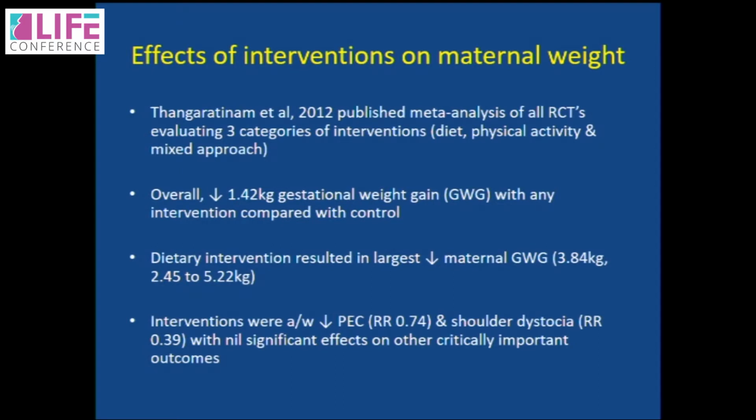I've summarized the main findings here: overall, a reduction of 1.42 kilograms in gestational weight gain occurred in the intervention group as compared to control. It seems that the dietary interventions were the most powerful in terms of reducing maternal gestational weight gain. And with these interventions, there were relative risk reductions in preeclampsia and shoulder dystocia.